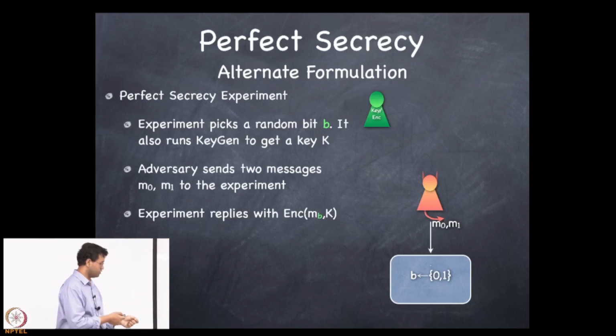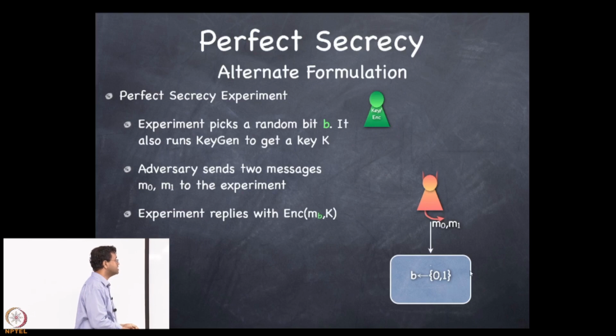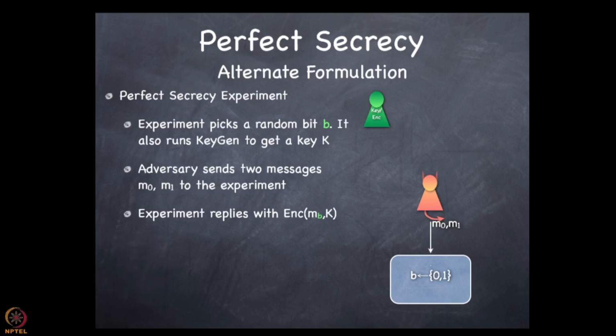Which one? Whichever one the bit B suggests. If B is 0, you pick M0. If B is 1, you pick M1. So basically, the experiment is picking one of these two messages uniformly at random. And it will encrypt that message and give it to the adversary, encrypting using the key that was already picked at the beginning of the experiment.